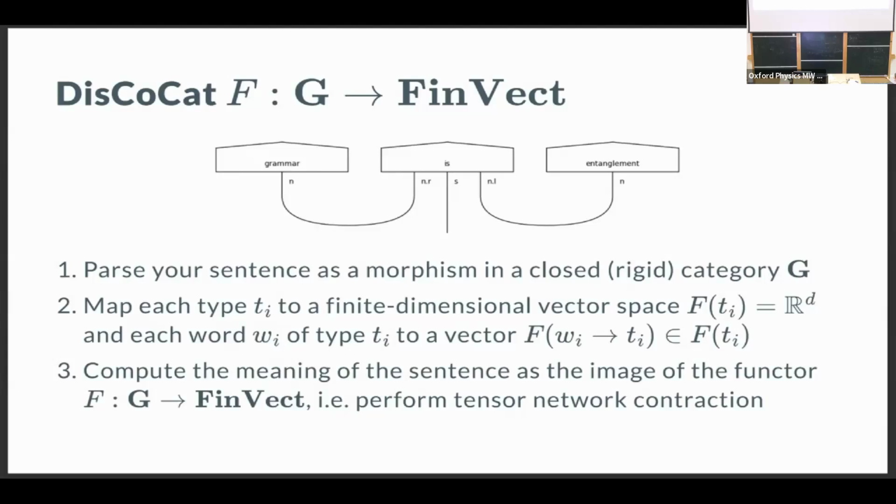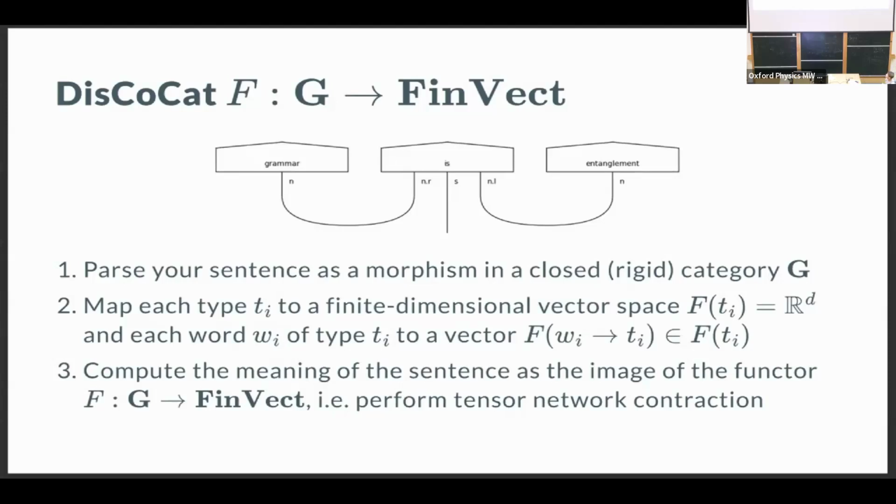The DisCoCat model, you can summarize as this functor from grammar to vector spaces. First, you take your sentence, parse it as a morphism in a closed, actually here a rigid monoidal category. This is something you can do automatically. You can train a parser to take strings of words and tell which words have which types and how you connect them together.